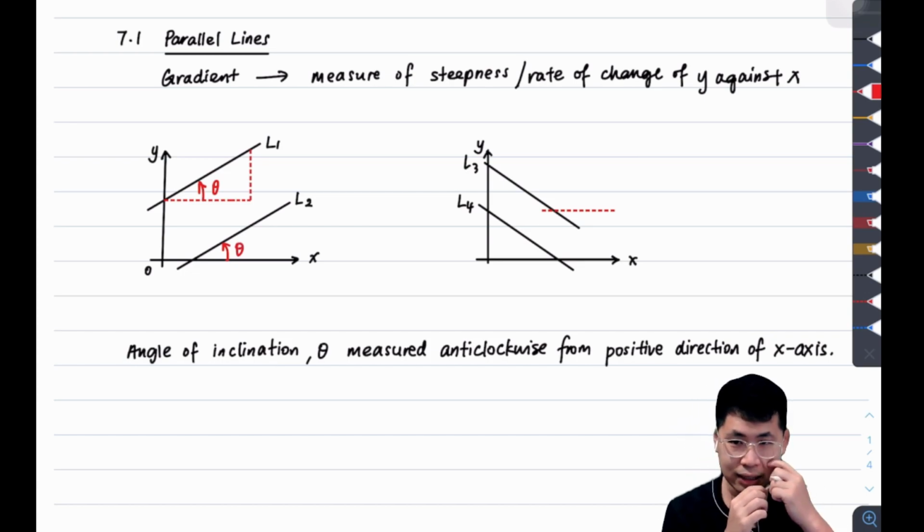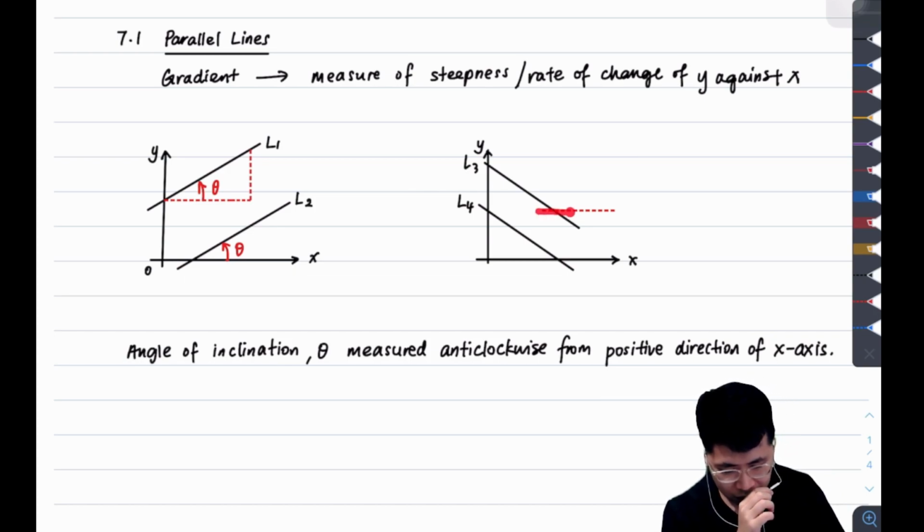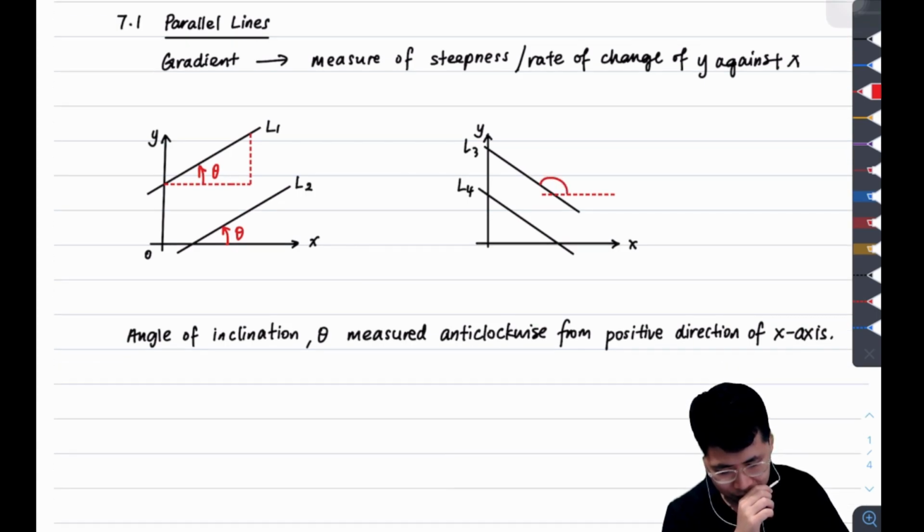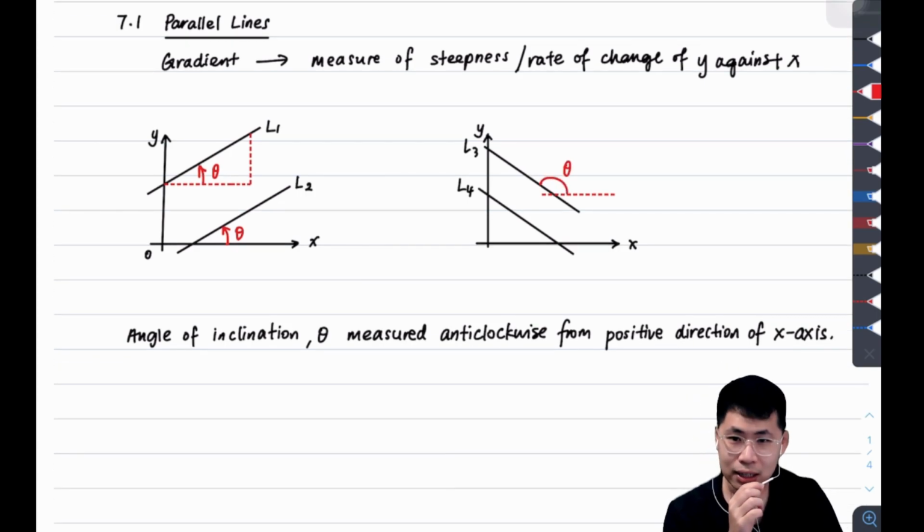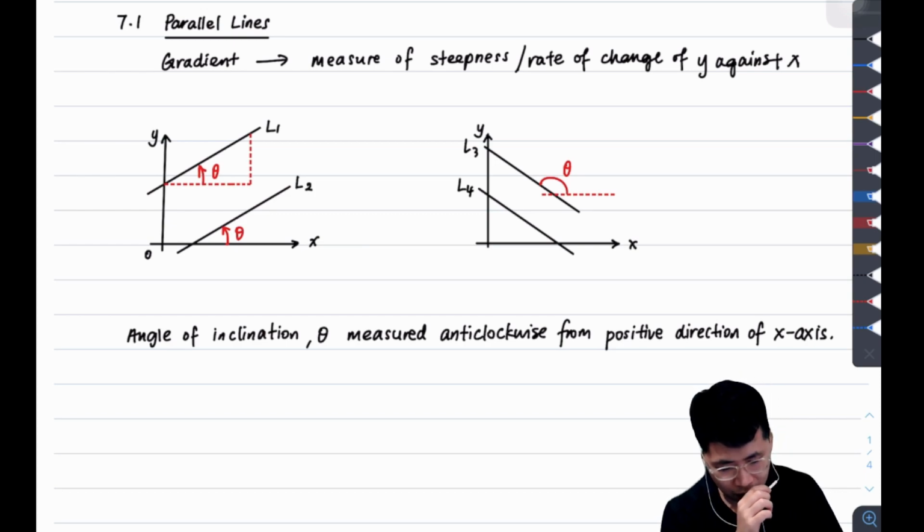Now, what about line 3 and line 4? Same thing, we take the positive direction of the x-axis as the reference, and here we take the anti-clockwise angle, and we call this the angle of inclination. In the same way for L4, from the positive direction of the x-axis, the angle from this direction we put here.